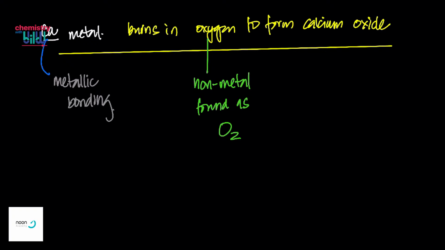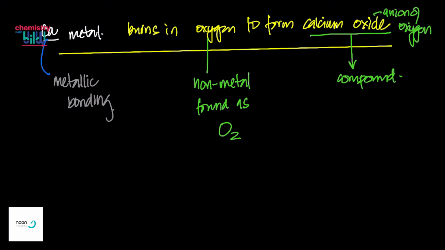Awesome. Now, calcium oxide is definitely a compound. It's not an element, because how do we know it's a compound? It's got two different elements in it. But what kind of compound is it? If both are non-metals, it's covalent, but they're not, because calcium is a metal and oxygen is a non-metal. Oxide is the anion of oxygen.